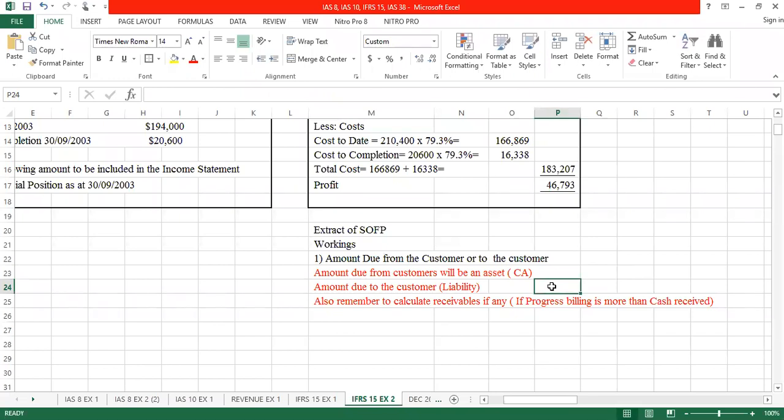The government will pay you within the next 12 months. But if you are sure you will not be paid within the next 12 months, it becomes a non-current asset. I hope we are together. Where I put the government, put the customer.